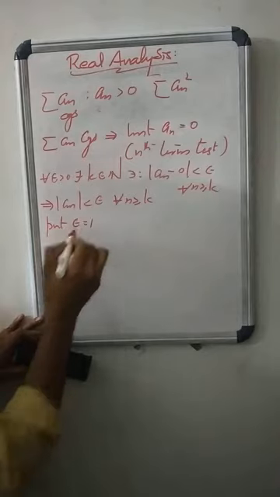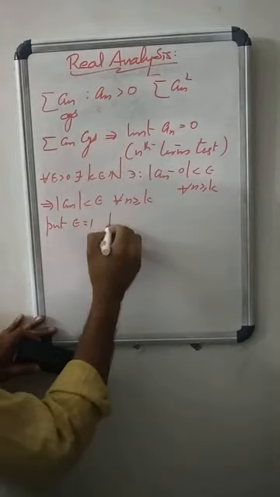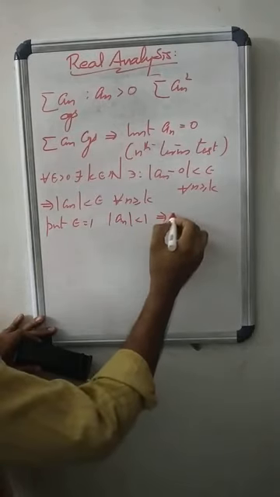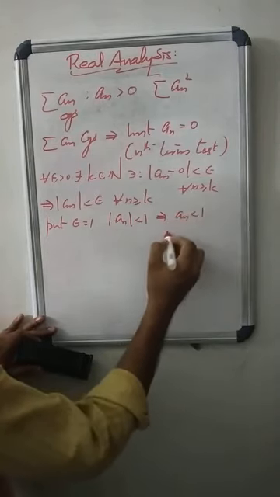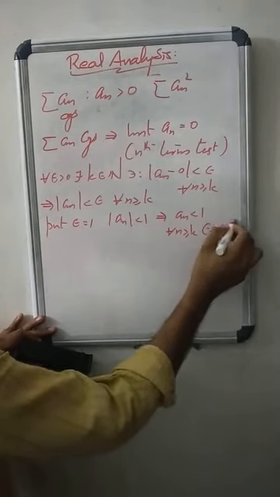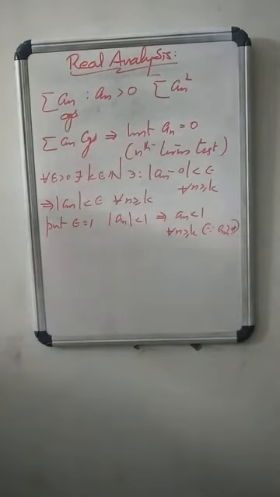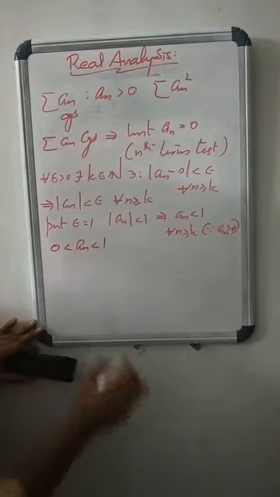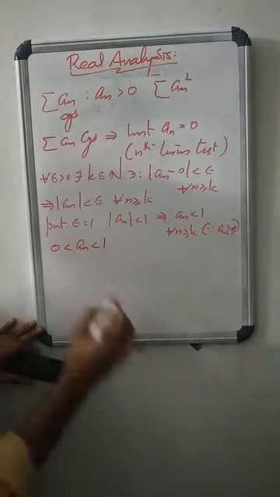Put epsilon equals 1. What do I get? Modulus of a_n strictly less than 1. Mod a_n strictly less than 1 means a_n strictly less than 1 for all n greater than or equal to k, because a_n is greater than 0, positive. So 0 less than a_n less than 1. Clear?